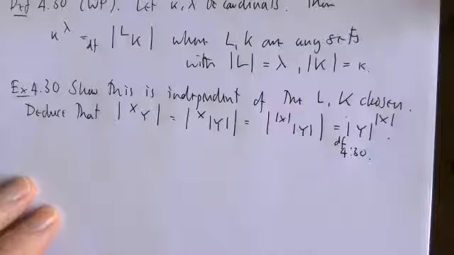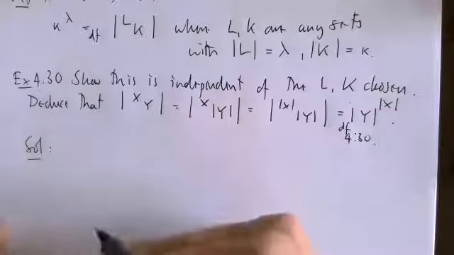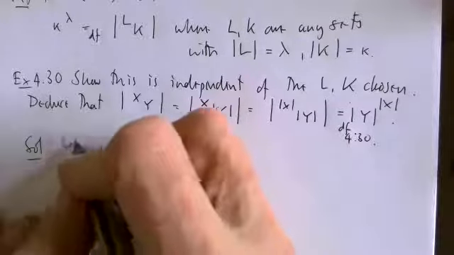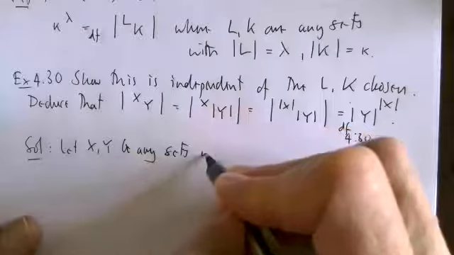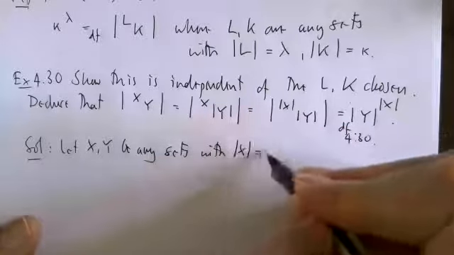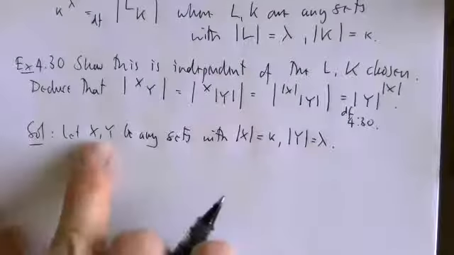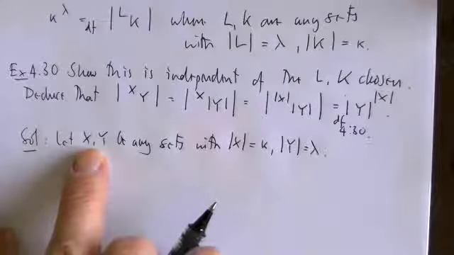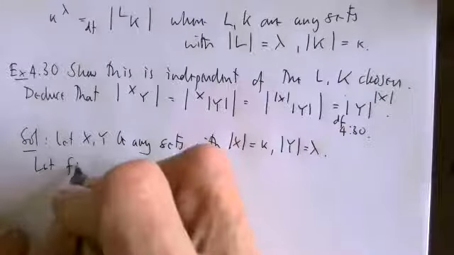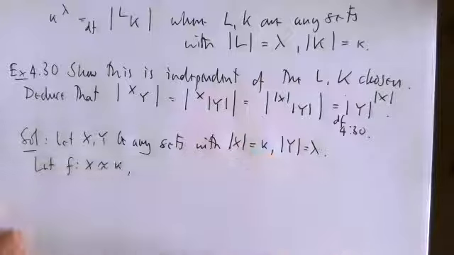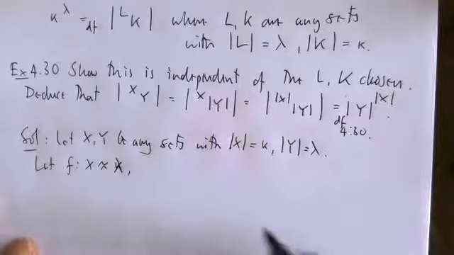So there are a number of ways of presenting this. So let's pick any sets. So this is the K and the L. So we know there is a bijection of x with lambda.